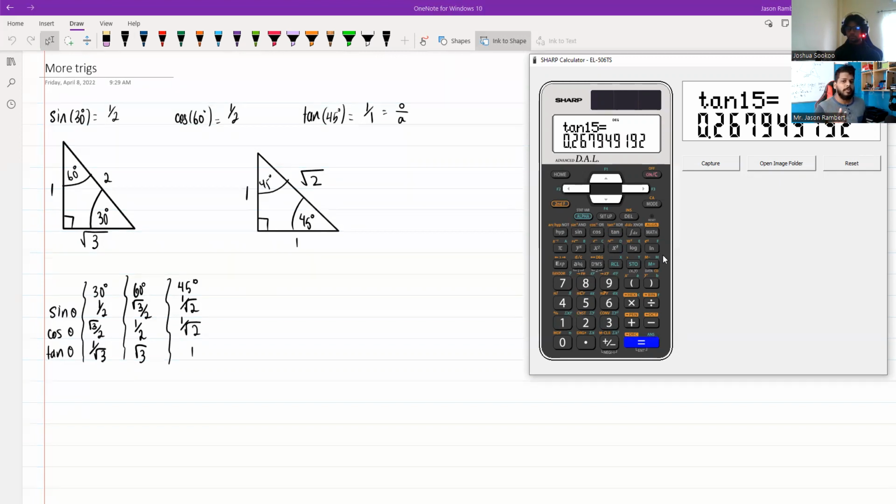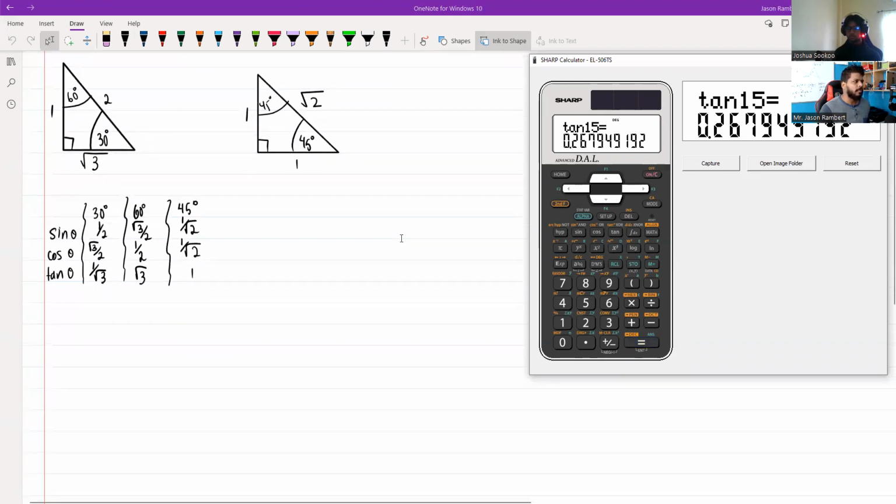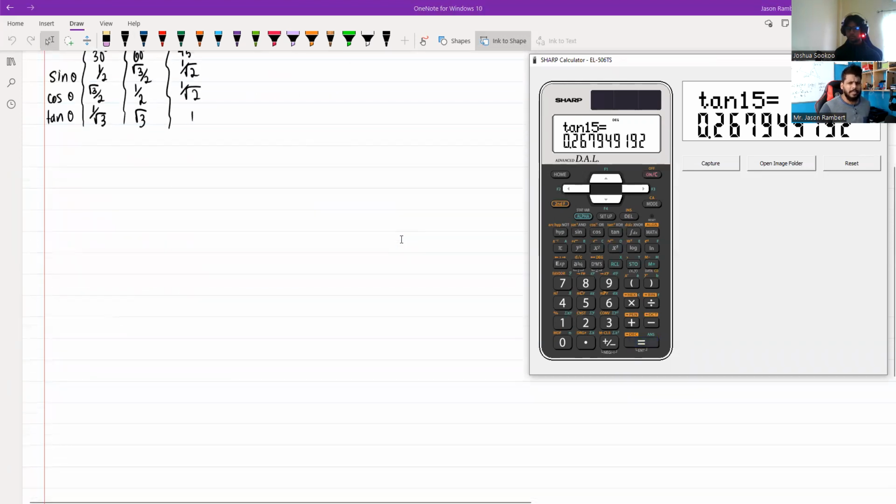That is where the compound angle formulas come into play. Now, the compound angle formulas take a particular form, and the best way to see it is to actually do it. So we have three compound angle formulas. We have sine, cosine, tan. In each of the compound angle formulas, we have two variations to it. All right?